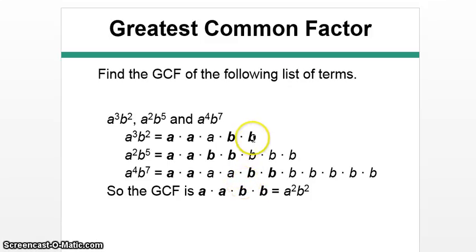Again look at here, this b, here also b, here also b, so these 3 b's are common, so we can multiply it with b. So a times a times b times b, which gives you a square times b square. The GCF of these 3 terms is a square times b square.